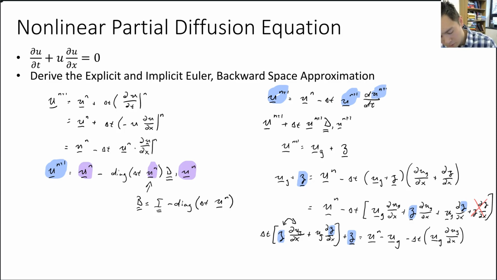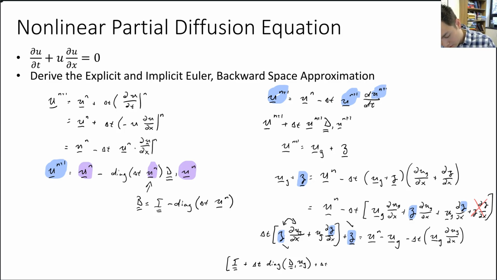So I can write a matrix representation of this as the following. My identity matrix comes from this zeta by itself, plus delta t times the diagonal of my D1 matrix times my ug term. That takes care of this term here.